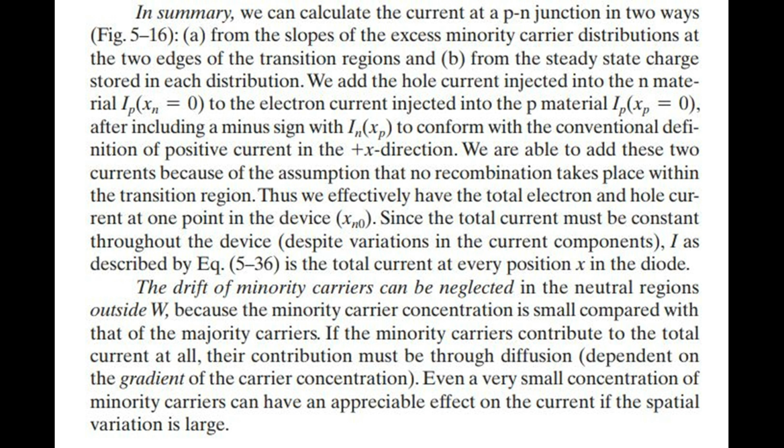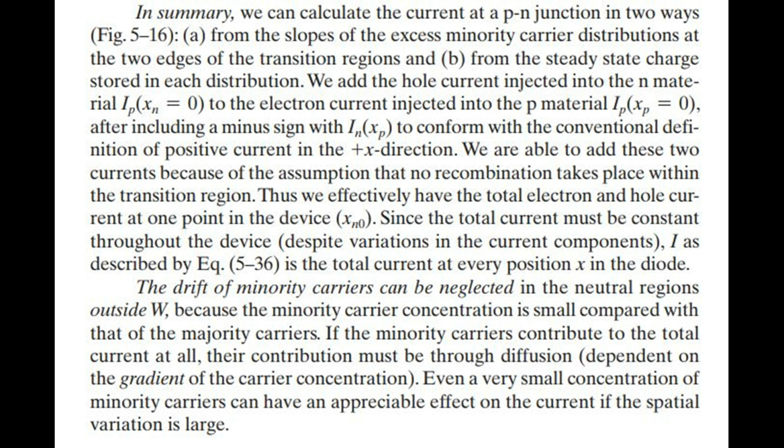Since the total current must be constant throughout the device, despite variations in the current components, I as described by Eq. 5-36 is the total current at every position x in the diode. The drift of minority carriers can be neglected in the neutral regions outside W, because the minority carrier concentration is small compared with that of the majority carriers.